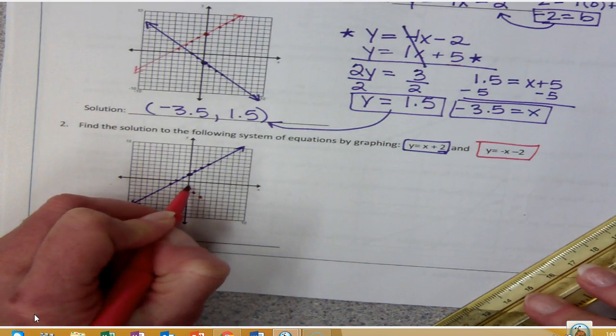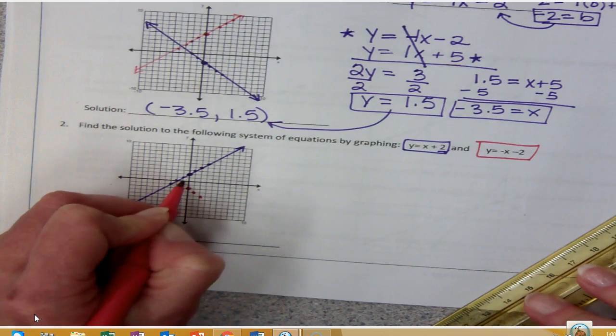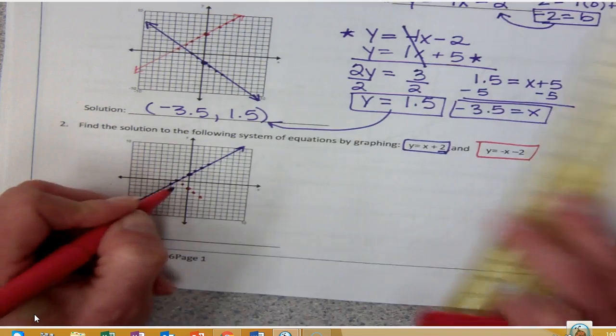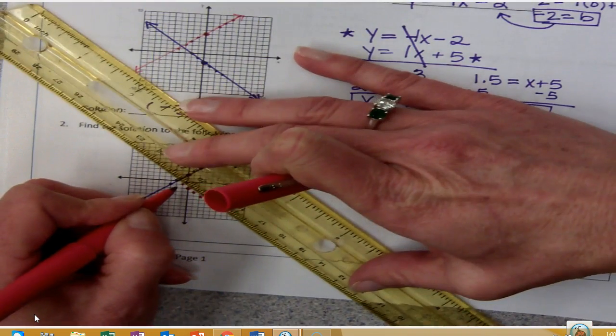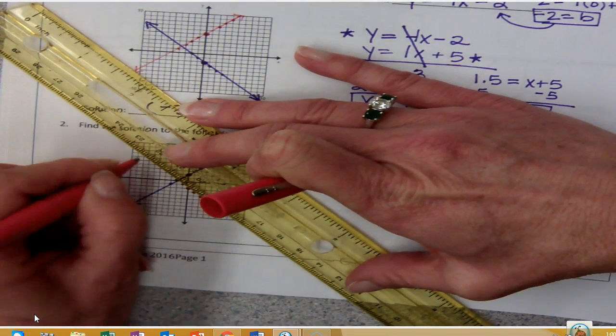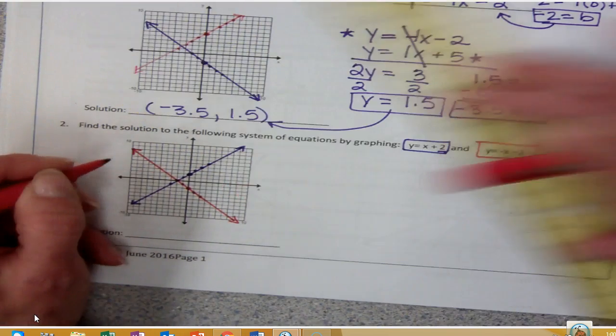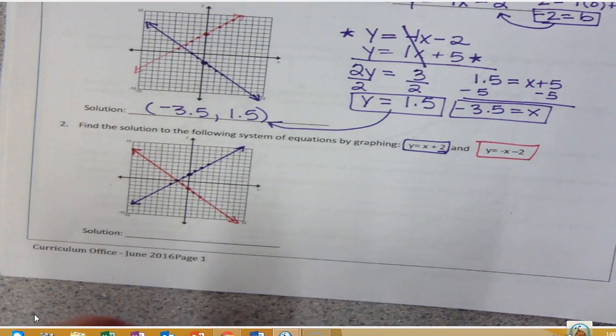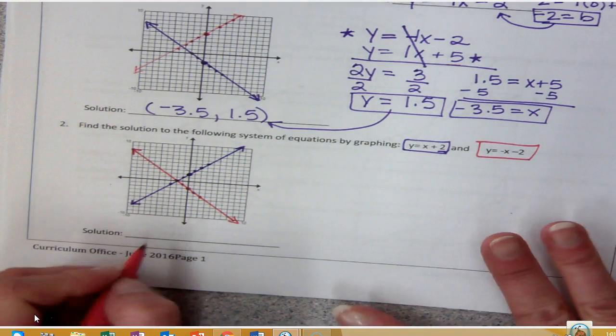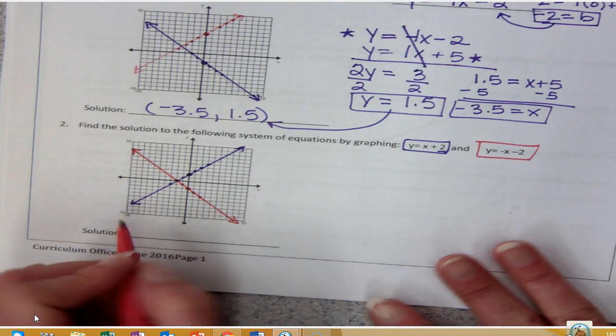Or I can go positive and a negative, because as long as one is negative and the other is positive, that's going to give me a negative slope. One has to be negative in order to get a negative slope, but not both, because that'll give me a positive slope.